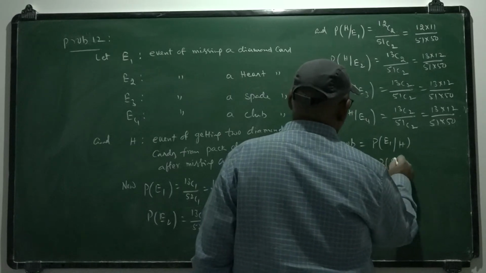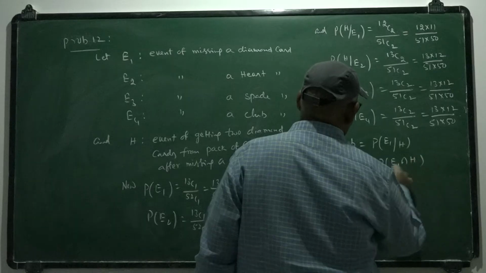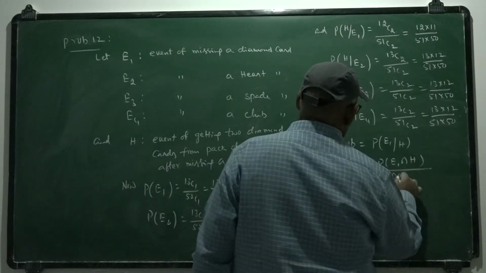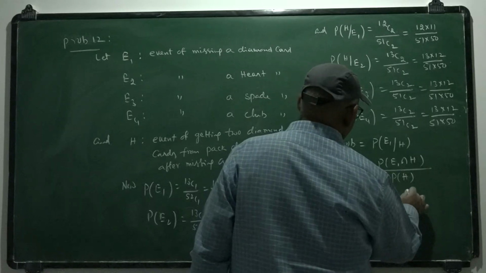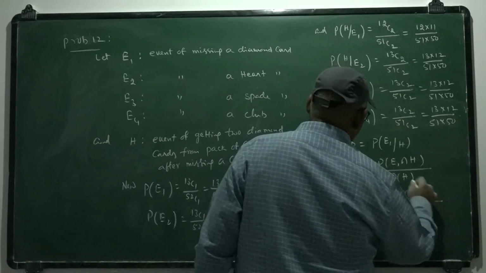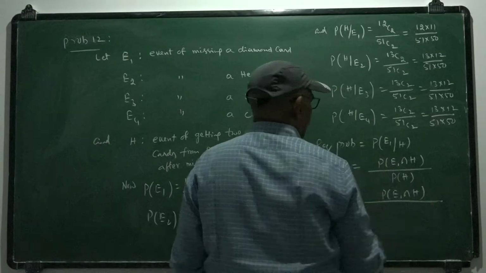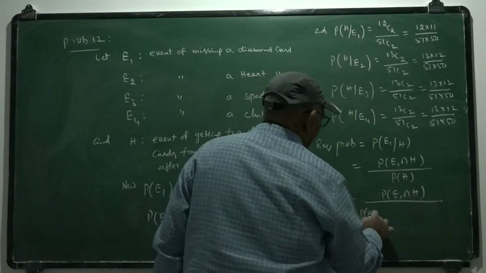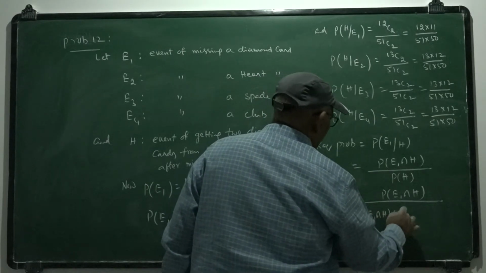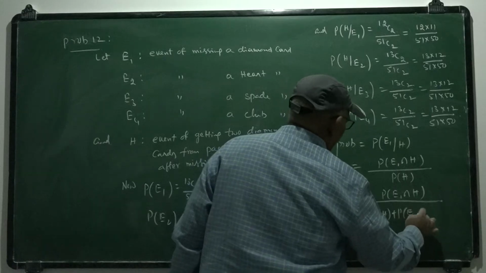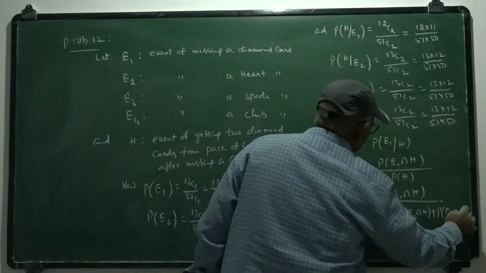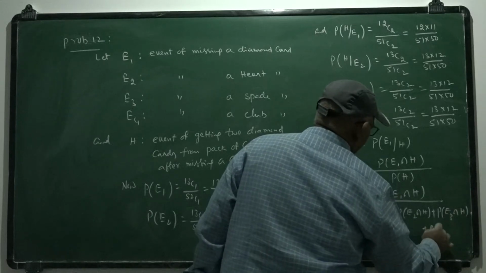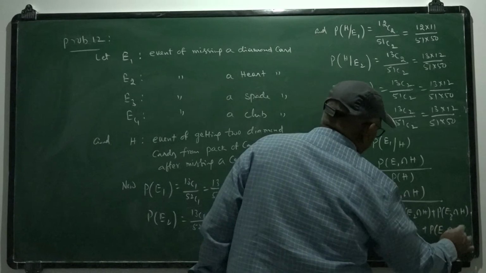That is probability of E1 intersection H by the total probability of H. H may be associated either with E1, or with E2, or with E3, or with E4.